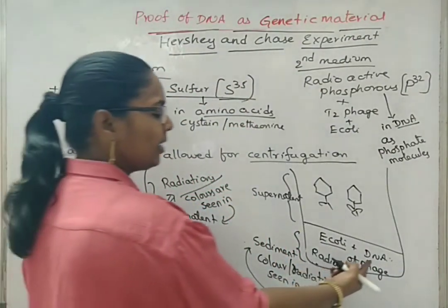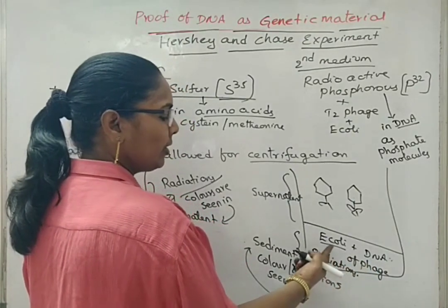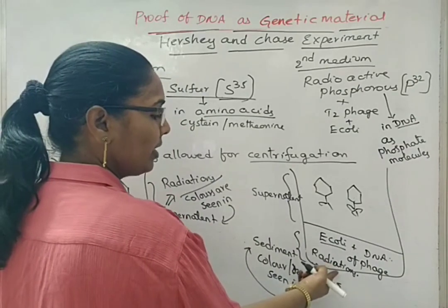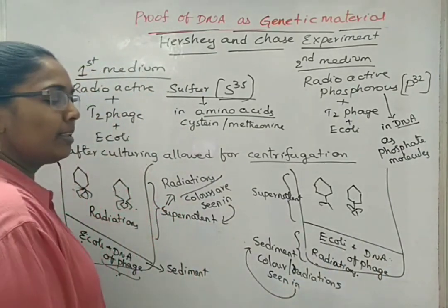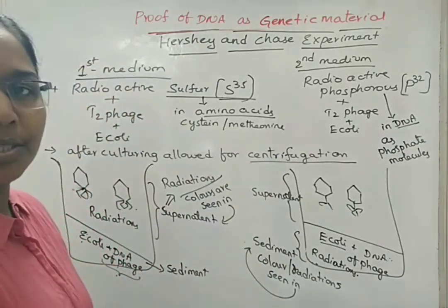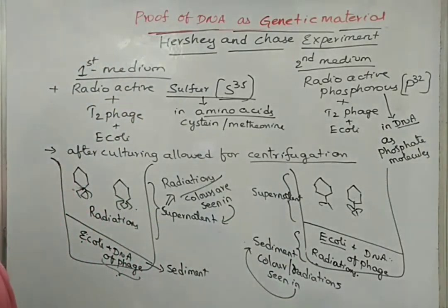So by the entry of radioactive DNA into the E. coli and causing the lysis, in the next generation the virulent phages have attained those radioactive phosphate molecules. So by this experiment, they concluded that DNA is the genetic material.